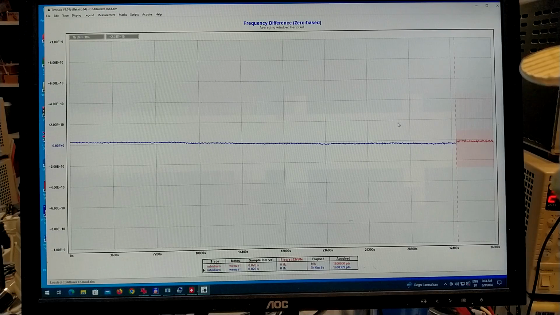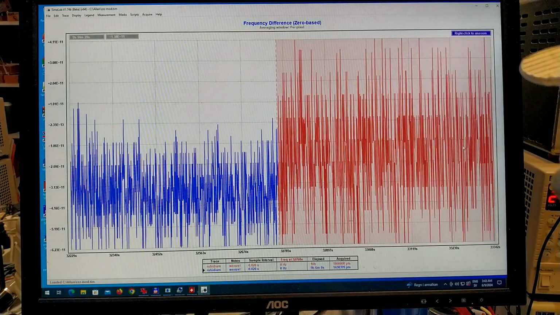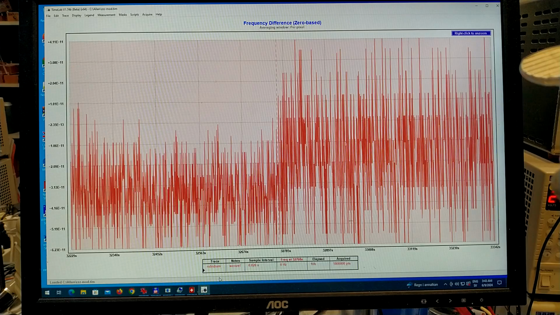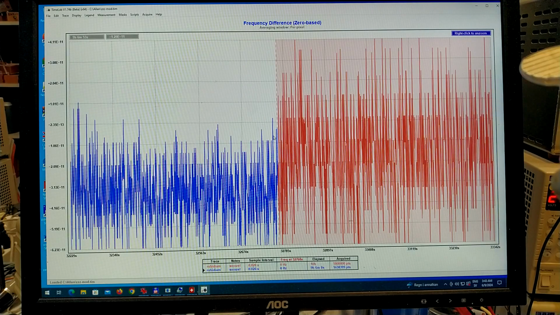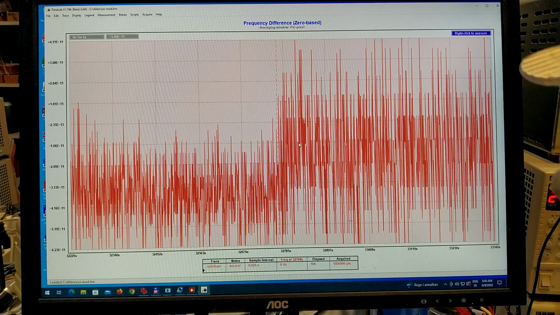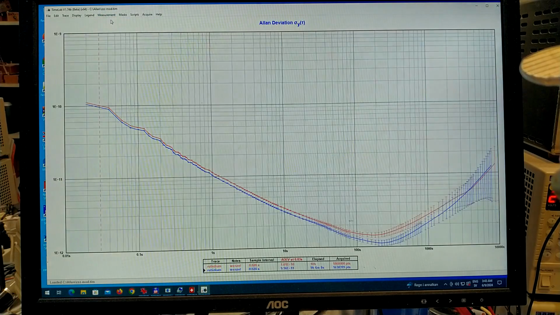I have edited the TIM file, and I can magnify this interesting section here, and then I can remove the visibility of the edited file. You can see it exactly the same, but at the point where it starts to go up, I have removed the data. Then when I look at the Allan deviation, you can see there is a significant difference. The blue trace is the edited file, and it looks much more nice without this structure here.